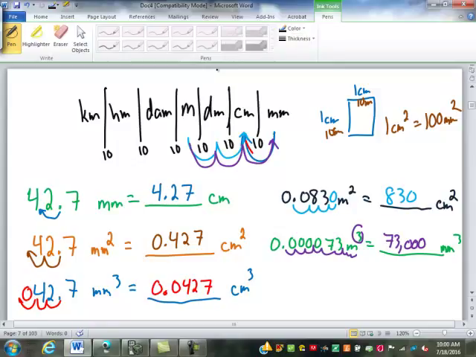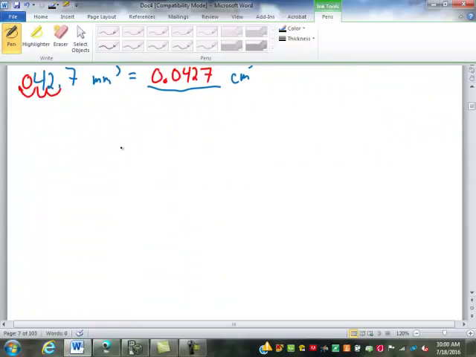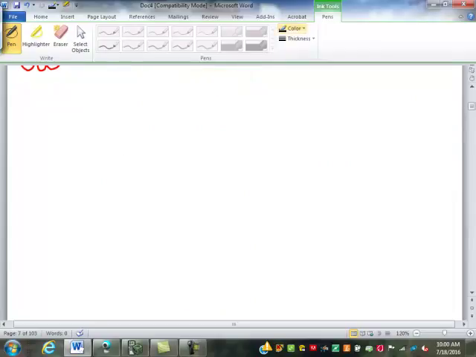So those conversions can get a little tricky. Let's say we have a conversion like this where we have 4.2 grams per cubic millimeter. We want to know what that's going to be in kilograms per cubic centimeter.